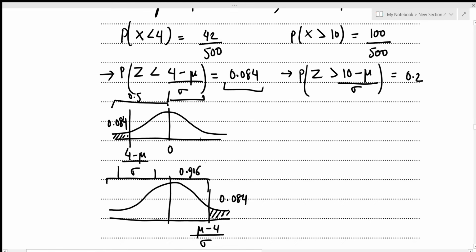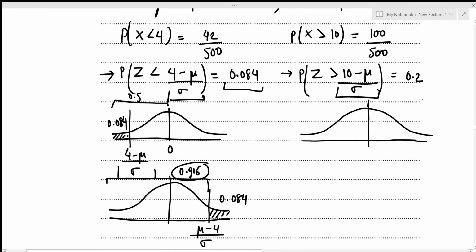So we're going to find the corresponding z value for this probability. Alright, let's just do this for the second equation as well. For the number (10 minus mu) by sigma, the probability greater than this value is going to be 0.2.